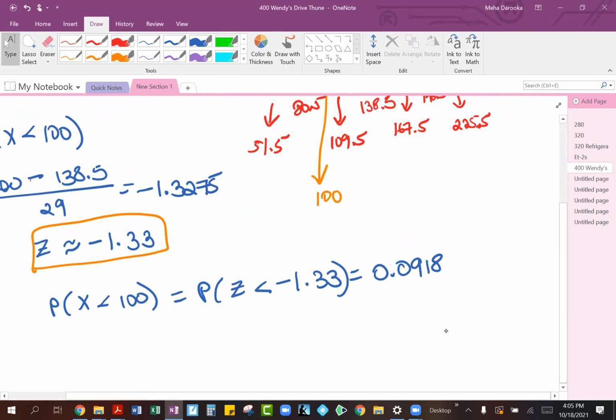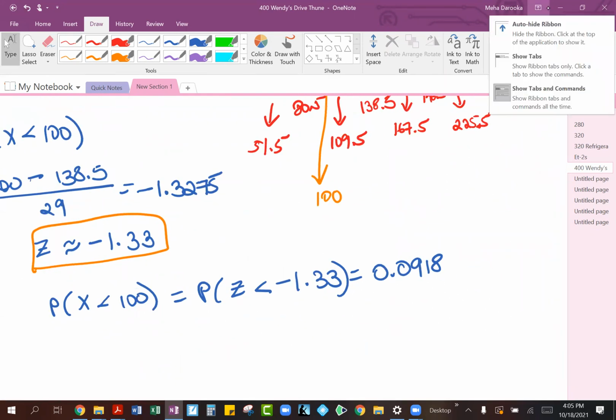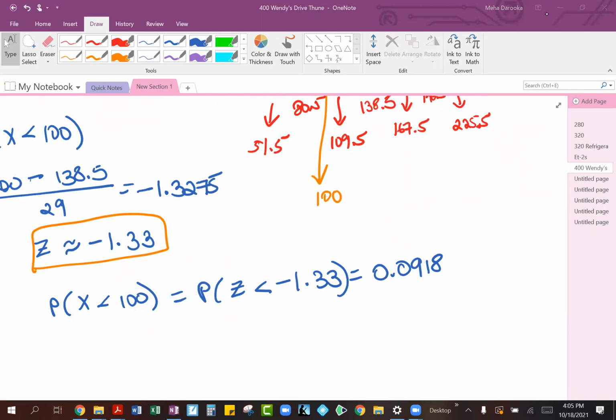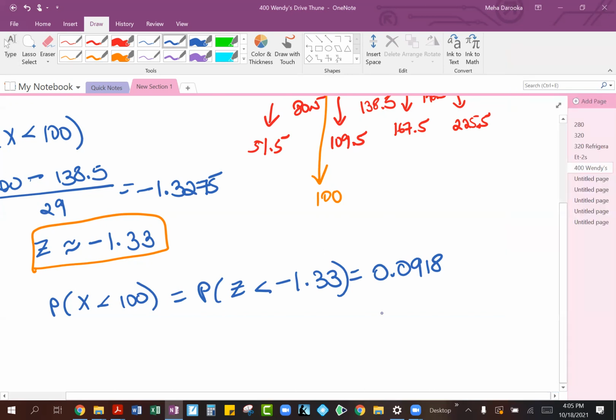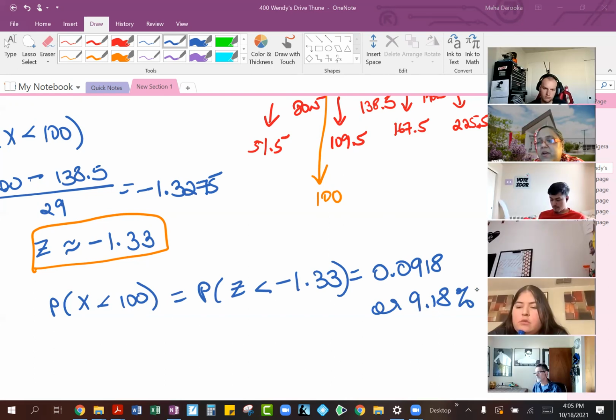So basically, the chance that a car will wait for less than 100 seconds at a Wendy's drive-through has a probability of approximately 9%, right? 9.18. So you can see that's not a very good chance. So more than likely, the car will have to wait more than 100 seconds, but you have a 9% chance that you may wait less than 100 seconds in the drive-through.